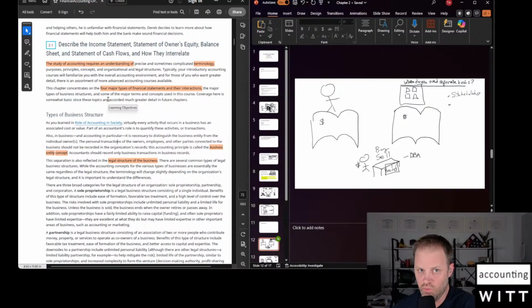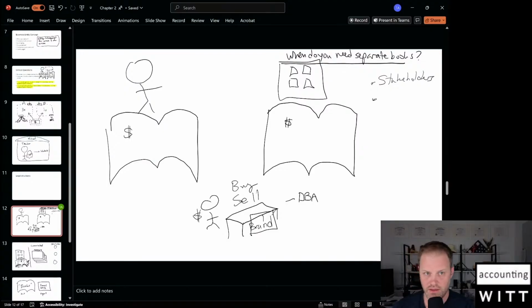Now, when you decide, hey, I'm making separate books, and you go to the bank and you open a bank account, now you're entering the world of, or if you're going to buy assets or buy equipment, now you're entering the realm of legal.